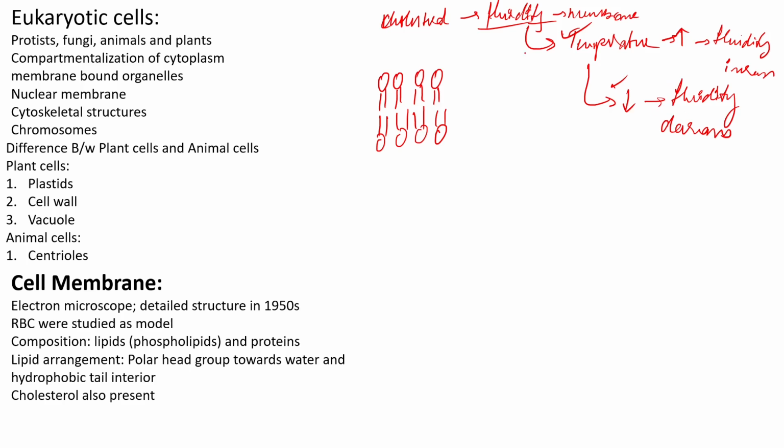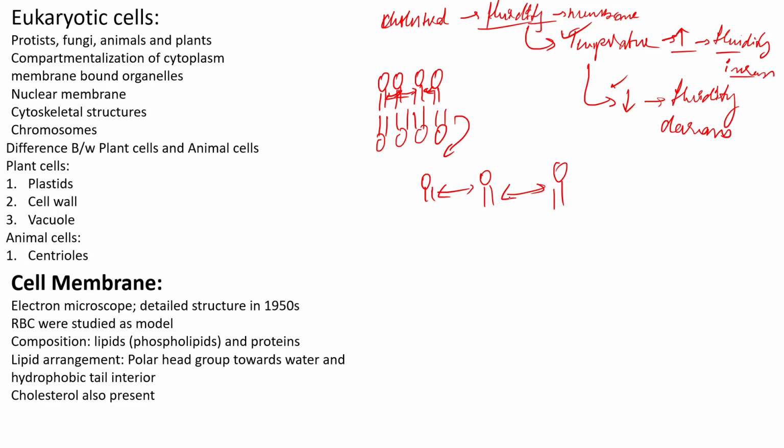So what happens is that as the temperature increases, the membrane becomes more and more fluid. What do we mean by more fluid? The distance between the phospholipid molecules increases. We can draw it over here. This will be one molecule, this one more molecule, this a third molecule. So the distance between the molecules has increased.